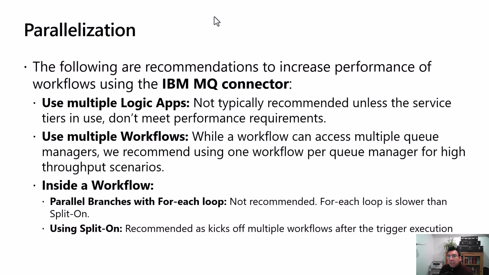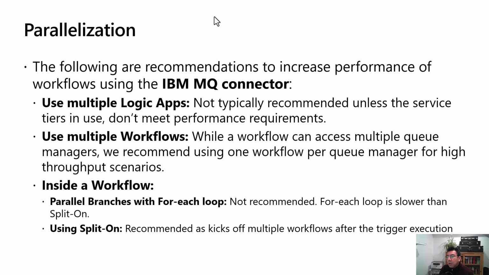In that queue manager you can have multiple queues, or you can have multiple servers as well. We can reach out to queue managers and servers, but it's best not to do context switching, and to keep to the context of one queue manager. But if you want to do it, you can do it. Again, these are general rules. You have to test your scenario, but we advise you to use one workflow per queue manager.